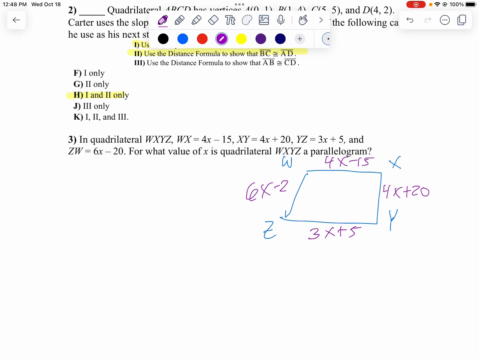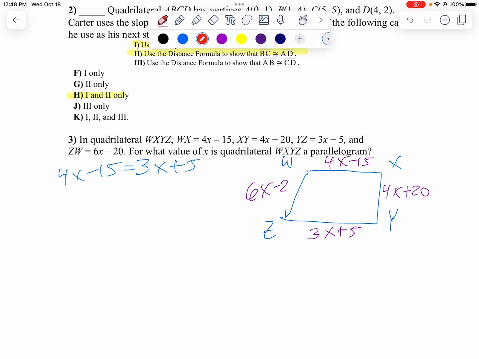Now, we can do this in a couple different ways, but to me the easiest way is, let's set 2 of the opposite sides equal. That is, this 4X minus 15 would have to equal 3X plus 5. Well then, we're going to solve that.